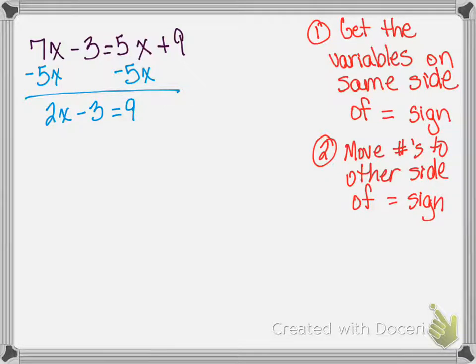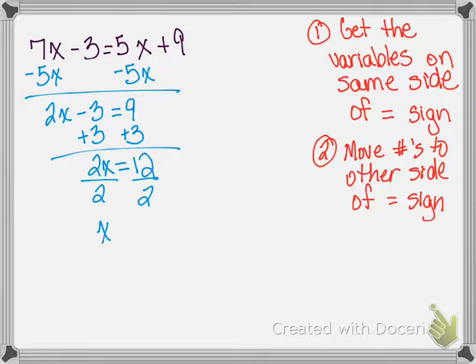So I'm going to get rid of this minus 3. How do I get rid of minus 3? I add 3. Good. Okay? So now I've got 2x equals 12. I divide both sides by 2. And what's my x value? Good. X equals 6.